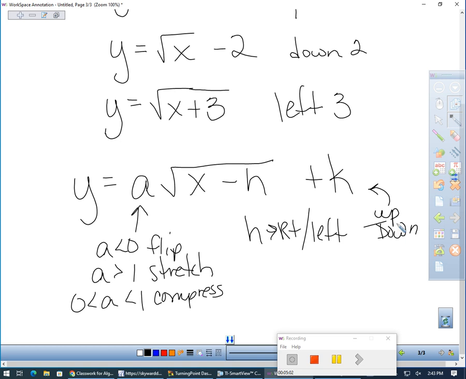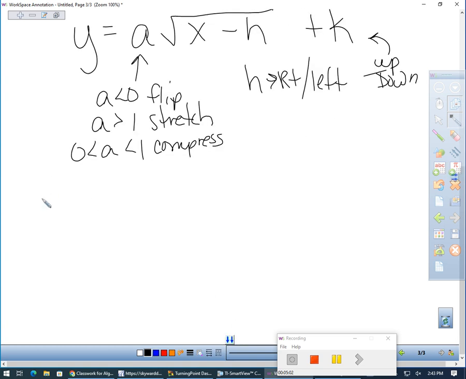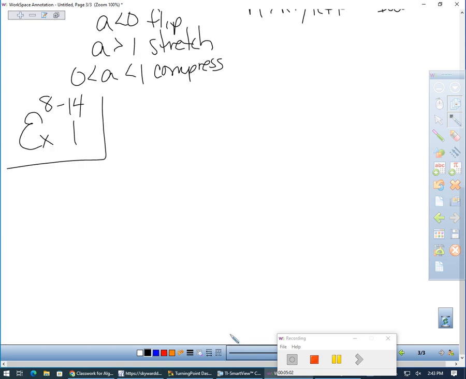All right, so here's example number 1. For example 1, this is going to cover your 8 through 14. Now, I'm going to give you directions a little bit different than the book. We're all listening, right? Okay, the book just says graph.